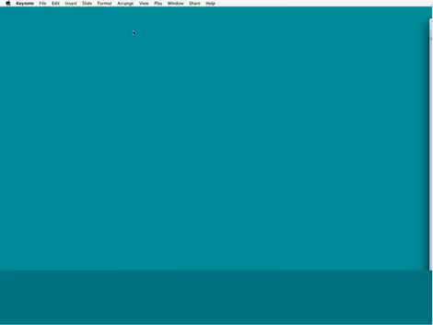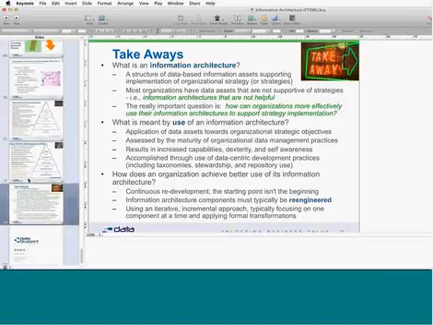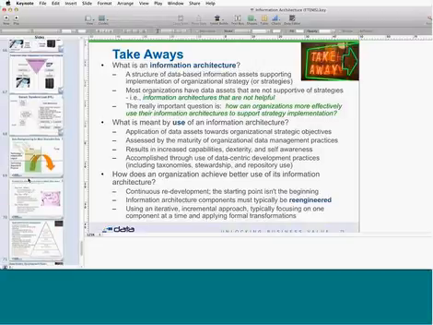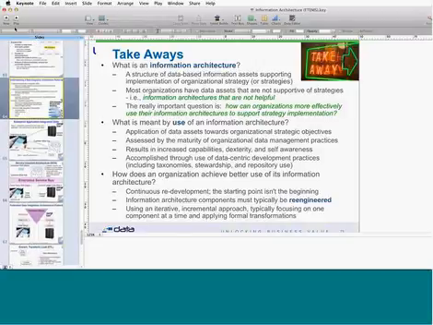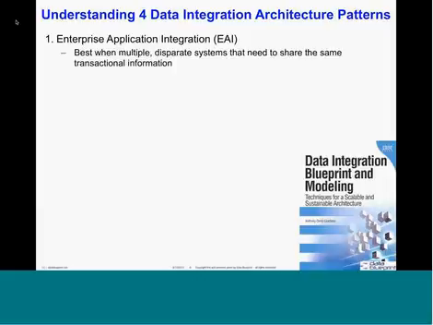There we go. And I'm just going to put up some different middleware architectural integration options. They are listed here. And this is from a terrific book from an IBM person who put it together. It's Data Integration Blueprint and Modeling.